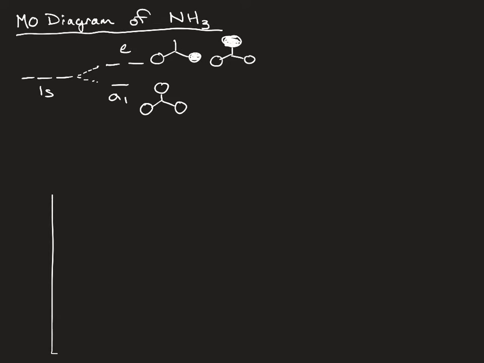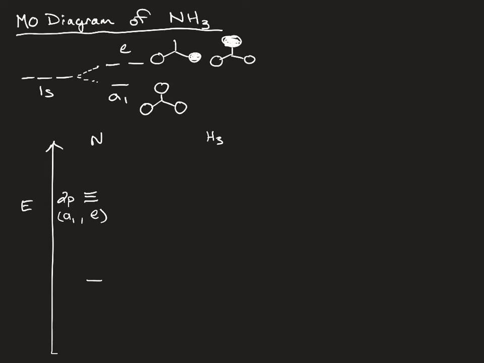Drawing out our molecular orbital diagram. I'm going to put nitrogen here, and then the H3 SALCs over here. You have your 2p orbitals. The pz transforms as an A1 orbital, and the 2px, 2py transforms as a degenerate E set.